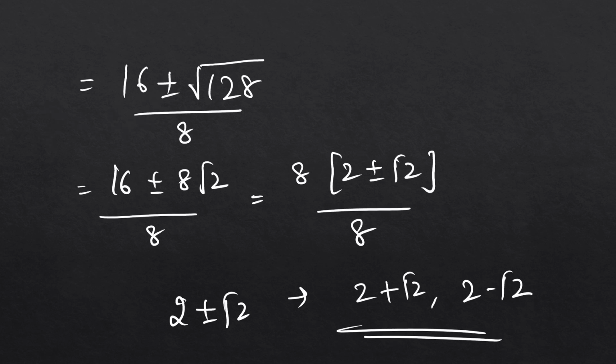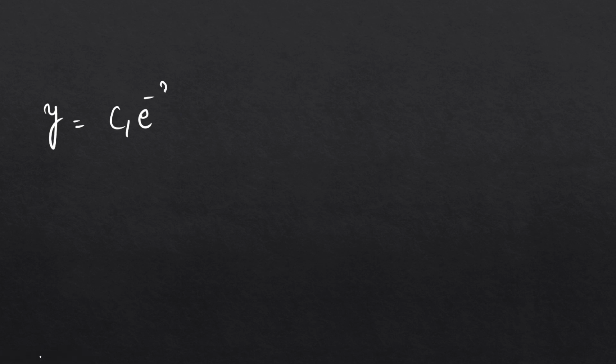Now, since we have these 2 roots, the value of y can be given as c1 e raised to power 2 plus root 2, then z, because we are talking about theta, so we replace it by z.